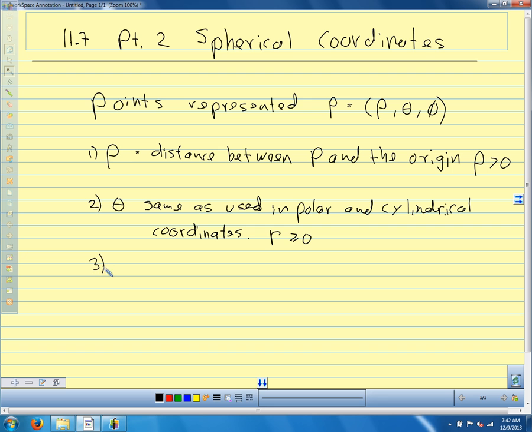And finally, phi is the angle between the positive z-axis and the segment between the point and the origin. So we're measuring from the positive z-axis.